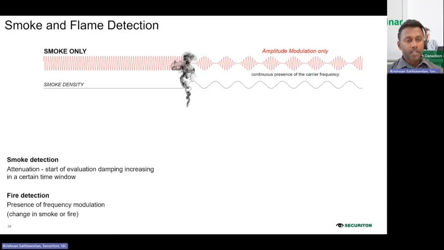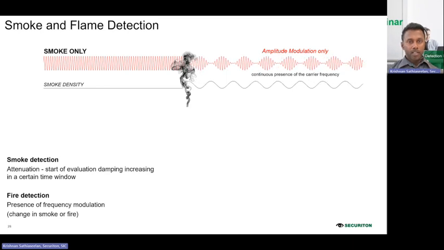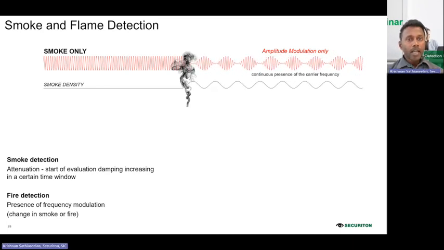The presence of a small fire will cause an attenuation in the frequency modulation between the transmitter and receiver, and this is quickly detected as smoke as well. So it's a combination of heat and smoke. It will give you a very early warning when it's needed. It's a built-in function which gives better detection of real-time fire.